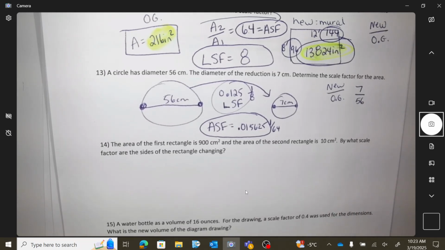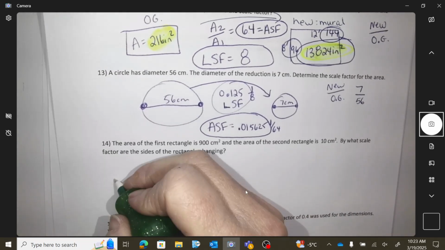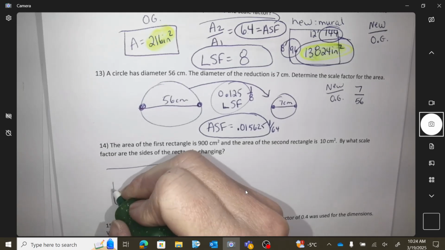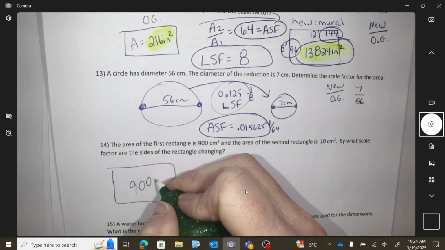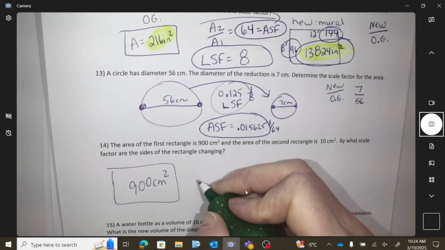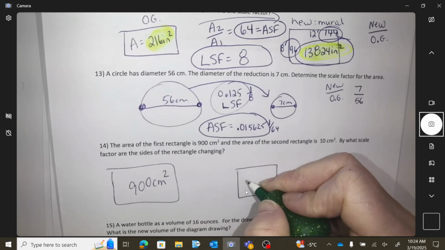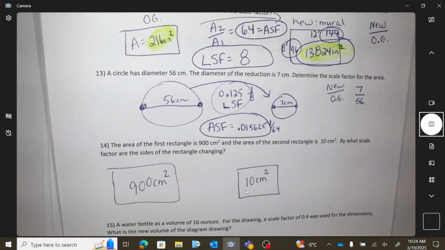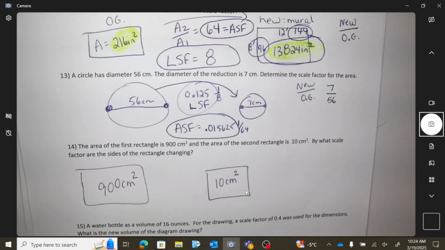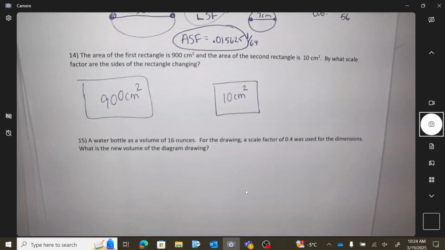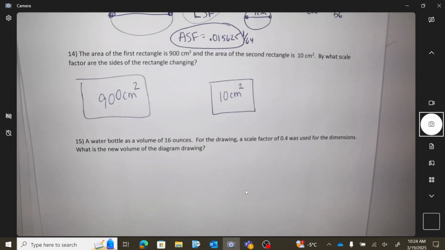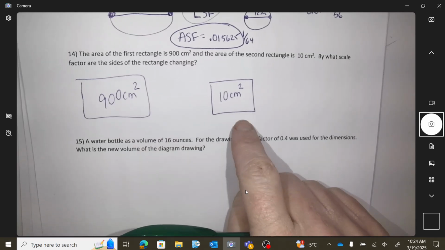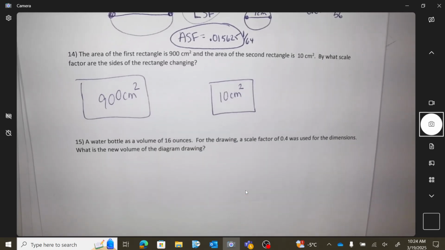Okay, the area of the first rectangle is 900 centimeters squared. Okay, the area of the first rectangle is that, and then the area of the second rectangle is that, all in centimeters squared.